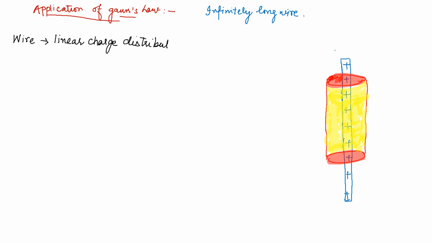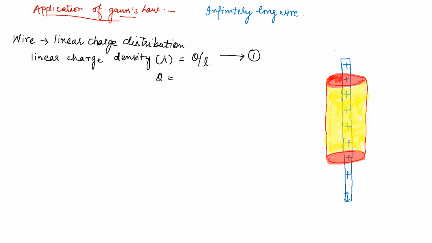For linear charge distribution, we have our linear charge density. That linear charge density is denoted by lambda and is given by charge upon the length. Equation number 1. From this, we can find the value of charge in terms of linear charge density, which is given as lambda L. So this is our equation number 2.